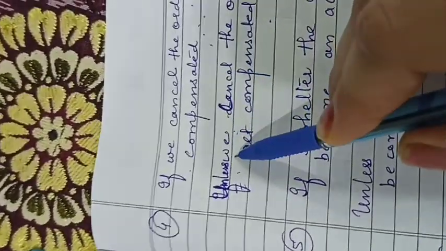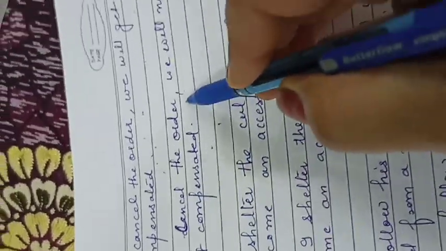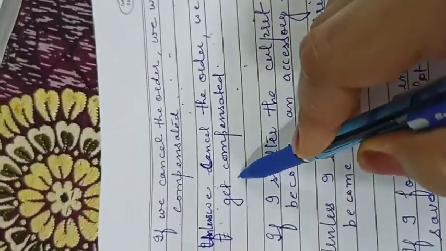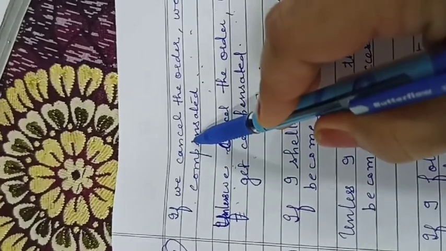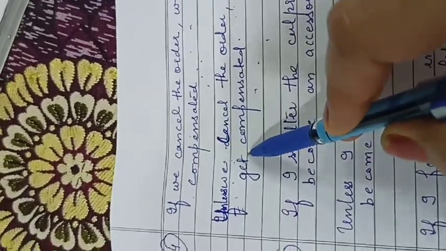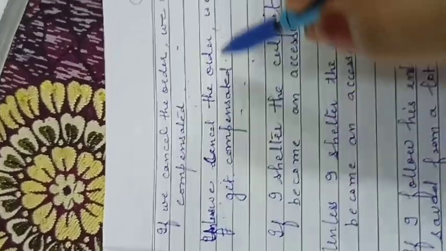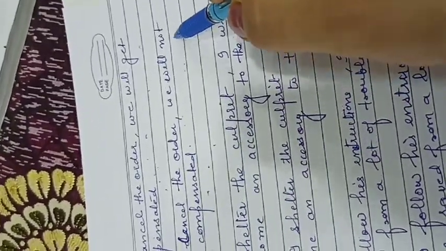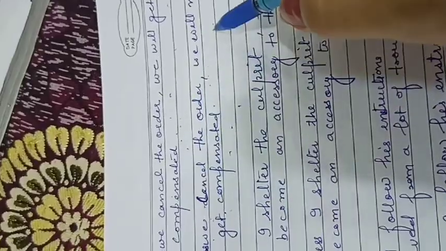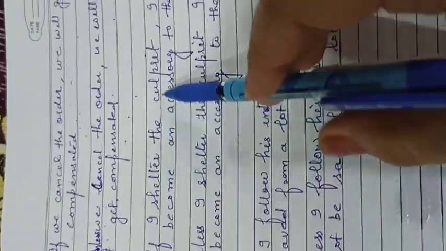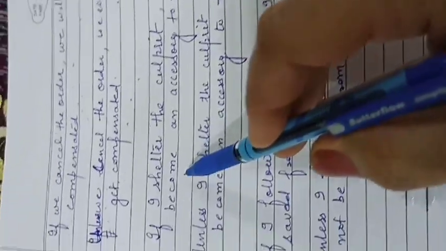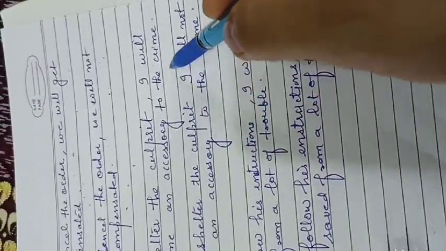Now when we use unless, we cancel the order, we will not get compensated. In the previous one, we had not a single not. In this sentence, we have used one unless, and one more not in the main clause to make it a positive sentence. One more here: if I shelter the culprit, I will become an accessory to the crime.